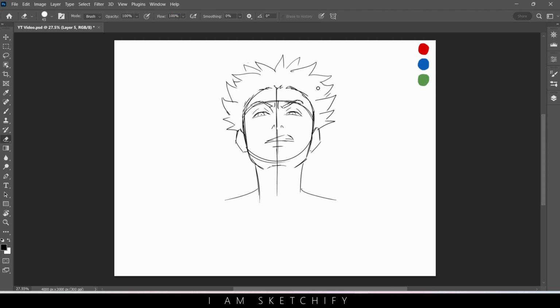At this angle, the hair won't look as tall as they appear at the normal level. So pay attention to that.